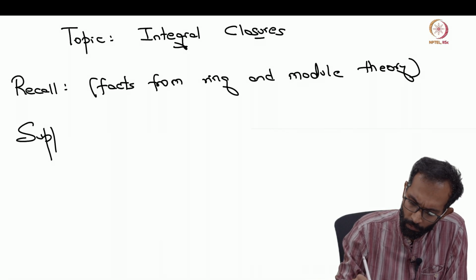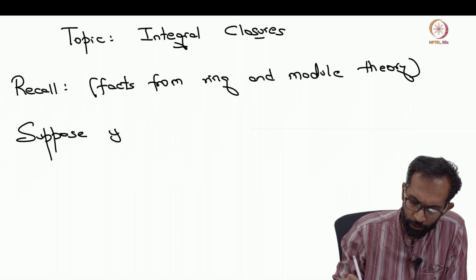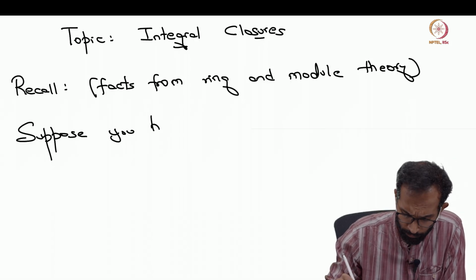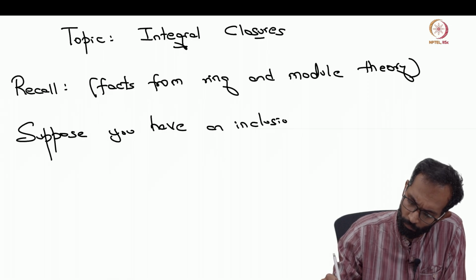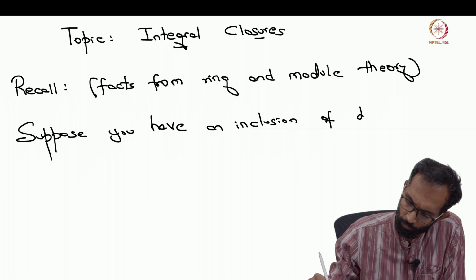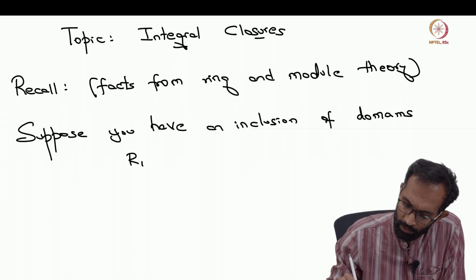Suppose you have an inclusion of rings, and let's just say you have an inclusion of domains, say R1 inside R2.